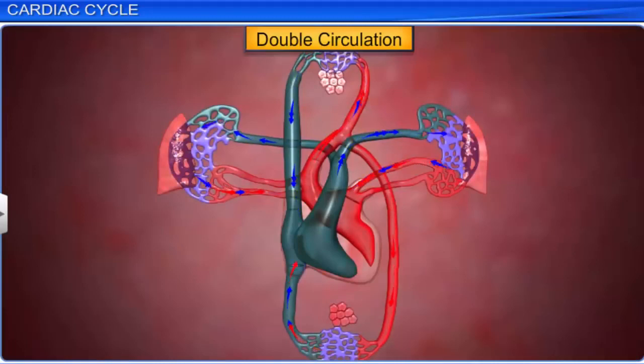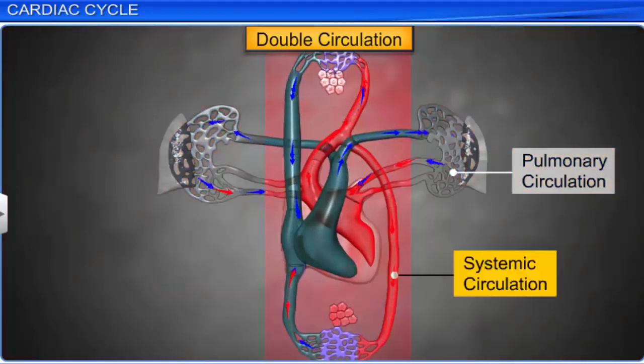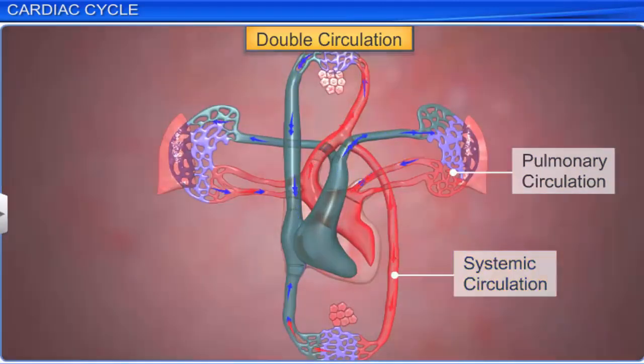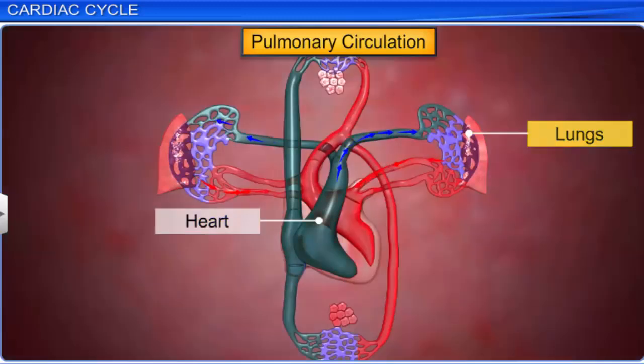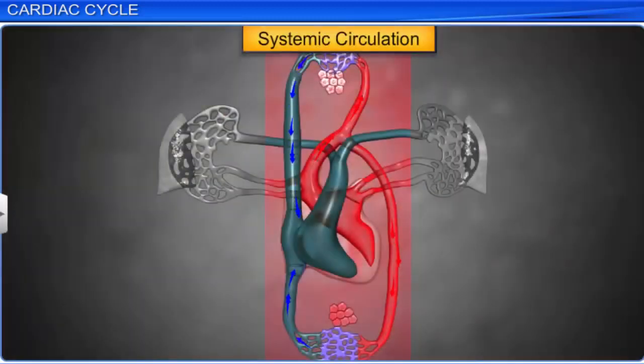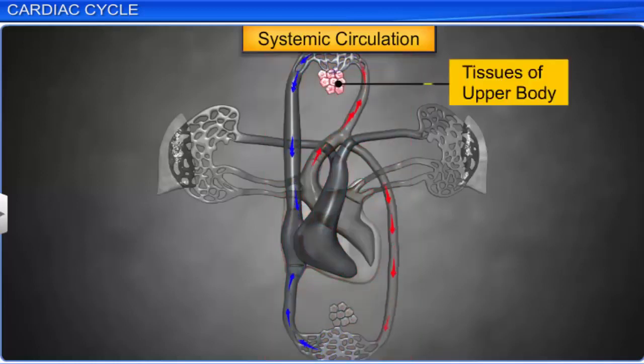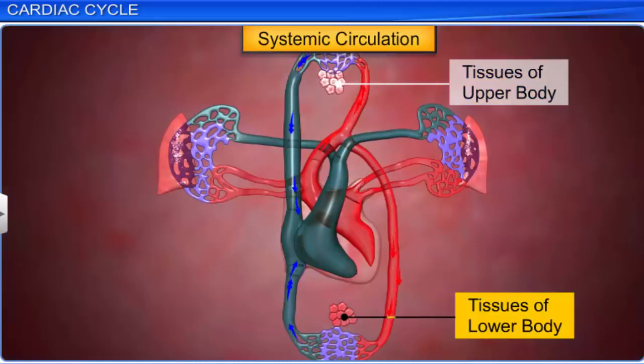Double circulation involves pulmonary and systemic circulation. Pulmonary circulation refers to the circulation of blood between the heart and the lungs, whereas systemic circulation refers to the circulation of blood between the heart and the tissues of the body from head to toe.